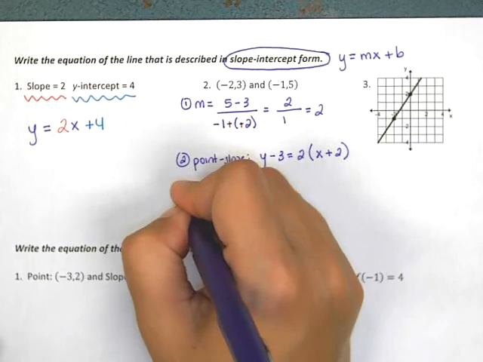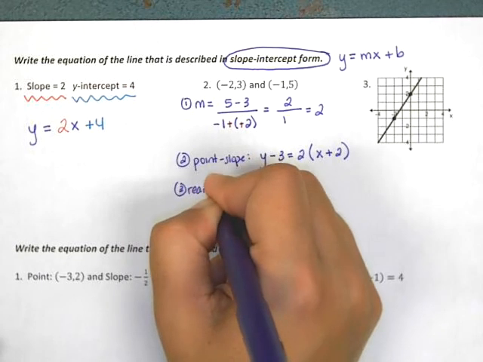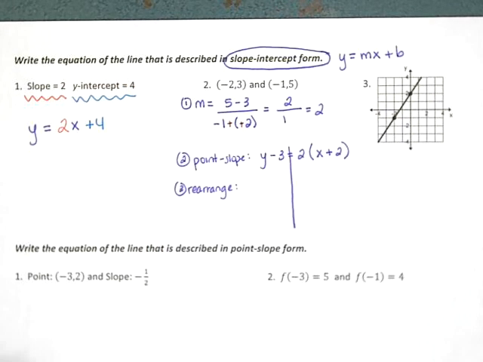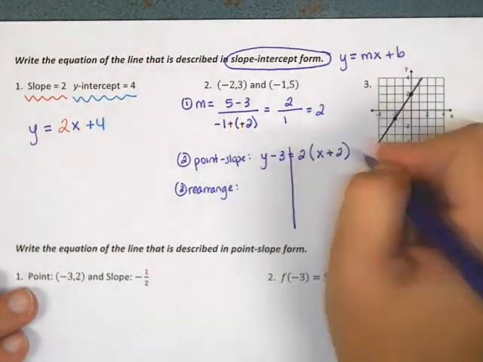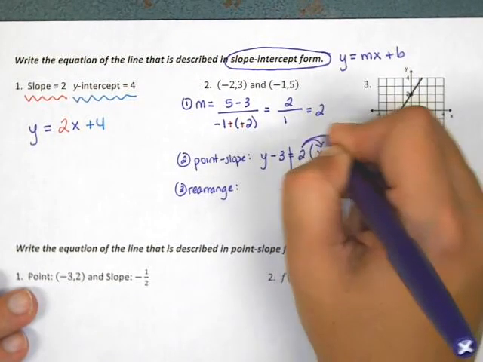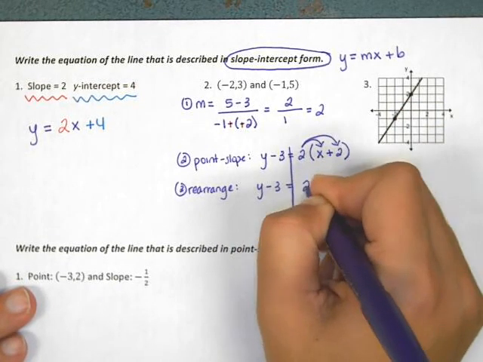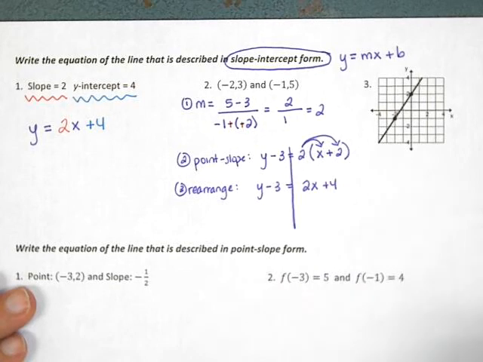And then I would have to rearrange. Now I noticed a lot of students struggling with the rearranging. We need to remember the process of solving equations, which we actually learned in Chapter 2, our very first chapter of the year. So whenever there's a parentheses, we start with distributing. So then we would have y minus 3 equals 2x plus 4.